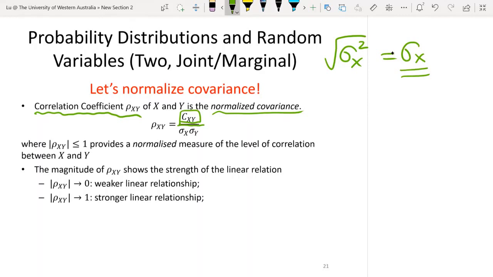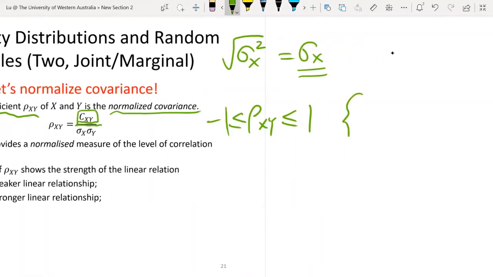And some important properties regarding the correlation coefficient is, first of all, it's normalized, right? So the rho xy value must be between 1 and -1. Now in this one, there are three cases.